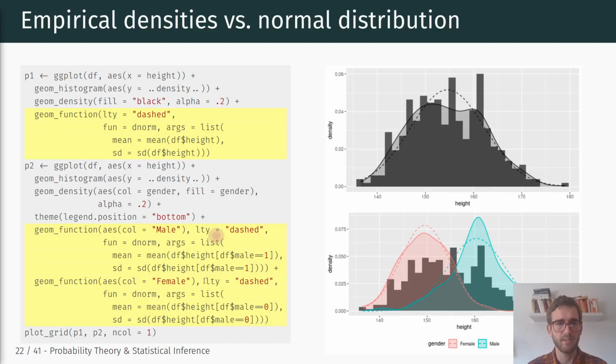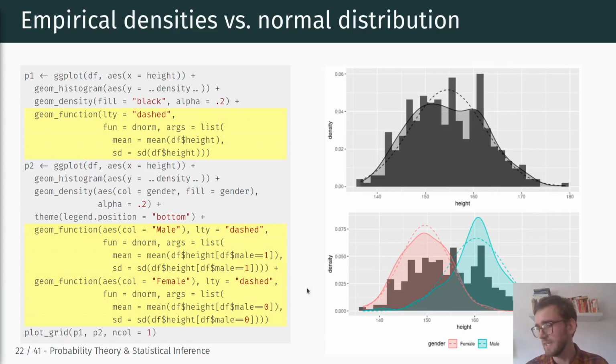And we do the same thing here, adding theoretical normal distributions for height for men and for women by using the specific averages and standard deviations, and just by using the geom function command and dnorm, we're just plotting. This is not based on data. This is just plotting a theoretical density of a normal distribution with a given mean and a given standard deviation.